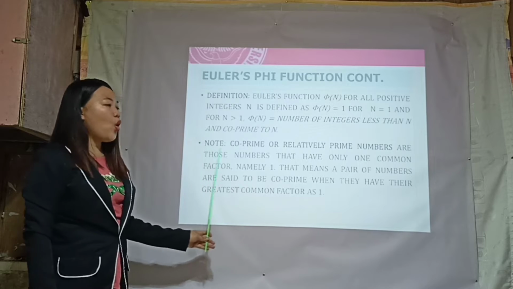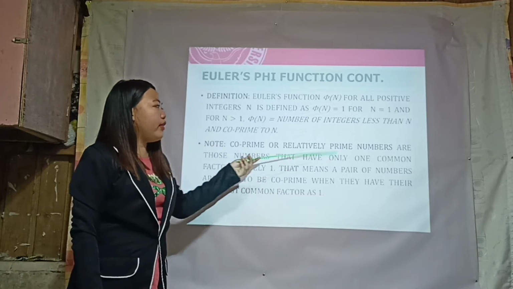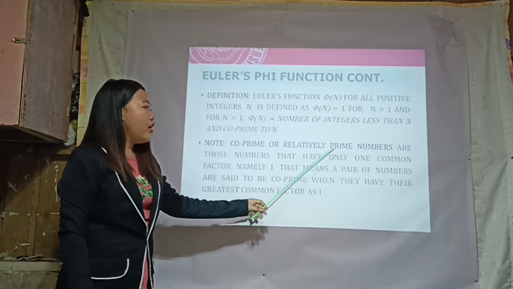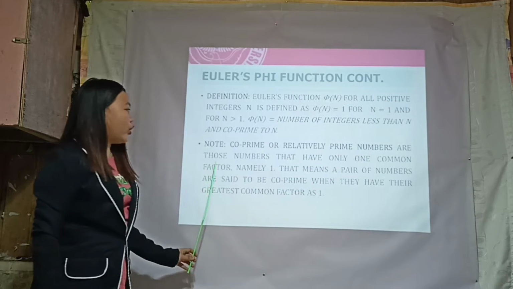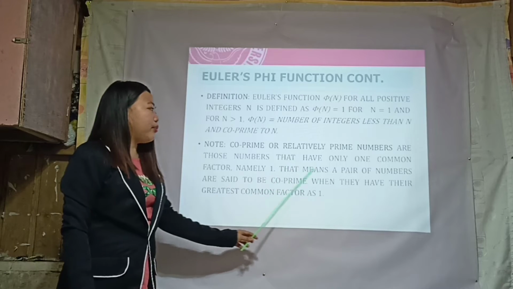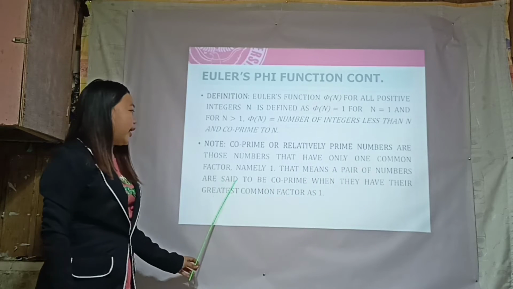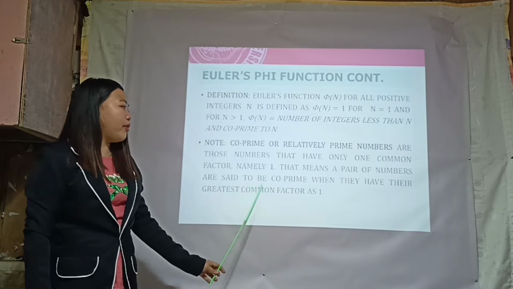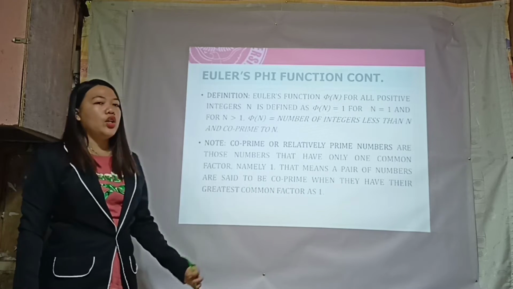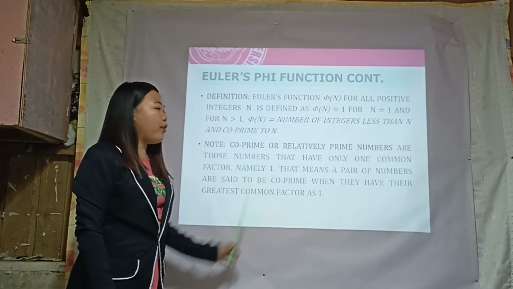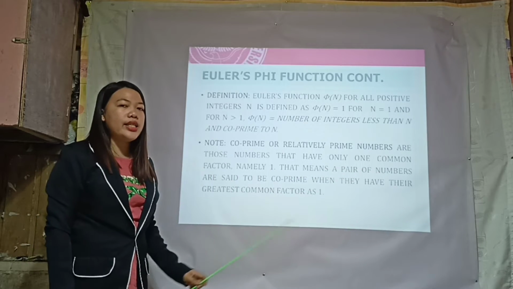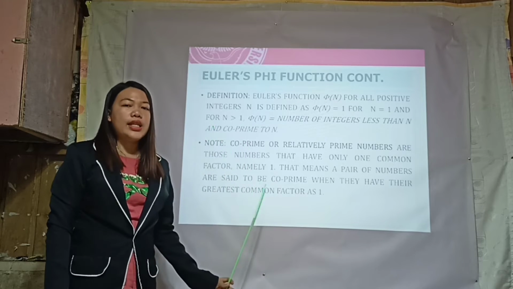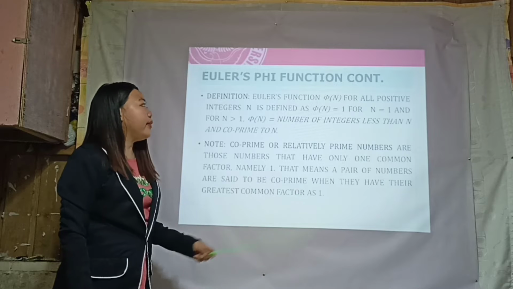Note, co-prime or relatively prime numbers are those numbers that have only one common factor, namely 1. That means a pair of numbers are said to be co-prime when their greatest common factor is 1. So two numbers are co-prime if their GCD is equal to 1.